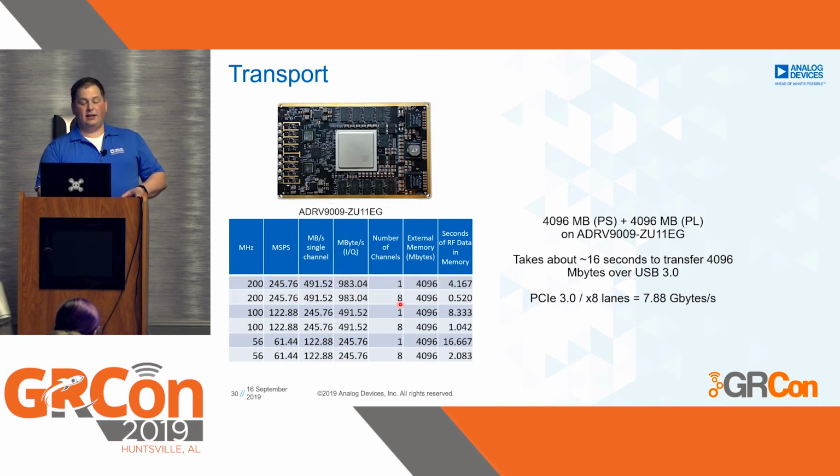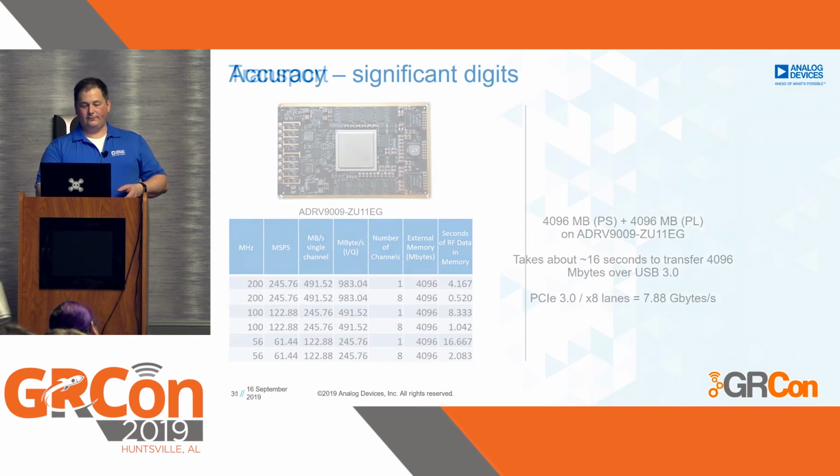Times 8, and you can fill 4 gig in half a second. So lots and lots of channels, lots and lots of bandwidth, lots and lots of sample rate. It makes the communications problem, or the transport problem, harder and harder.